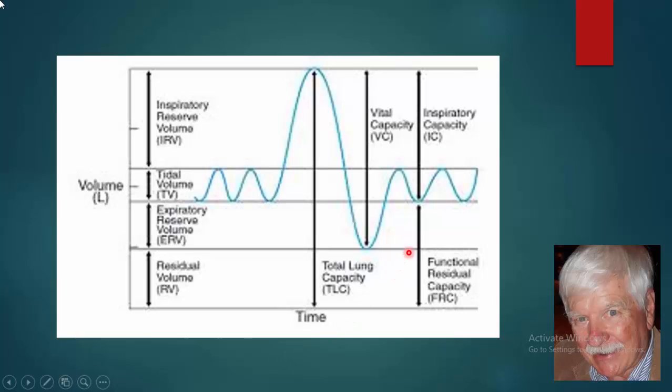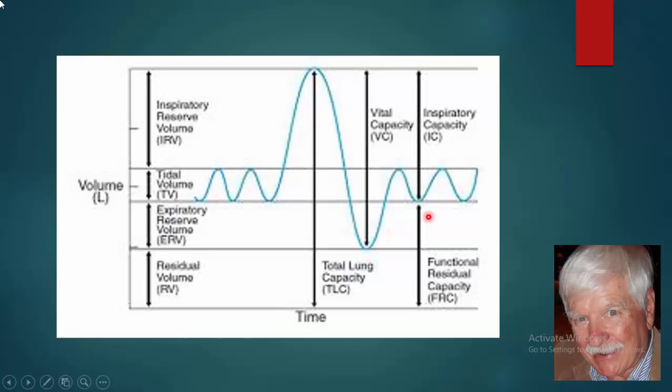And then they show you two more which aren't used as much: inspiratory capacity and functional residual capacity. See, inspiratory capacity is tidal volume plus inspiratory reserve volume. I'm not going to ask you that one on the test because they never used it, but I mean they use it, but it's not commonly used.